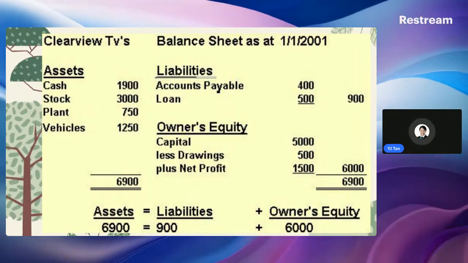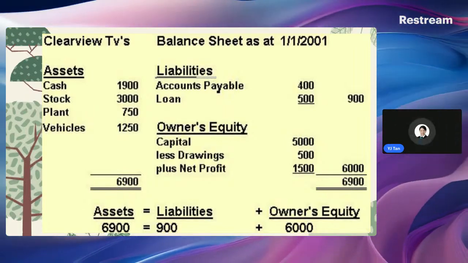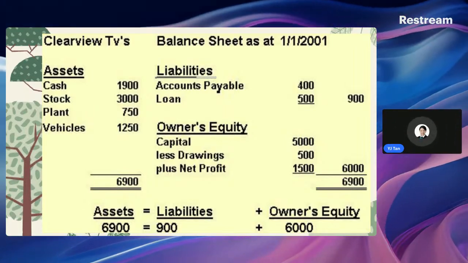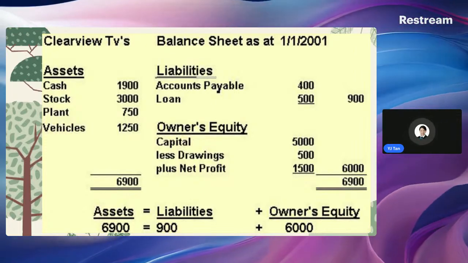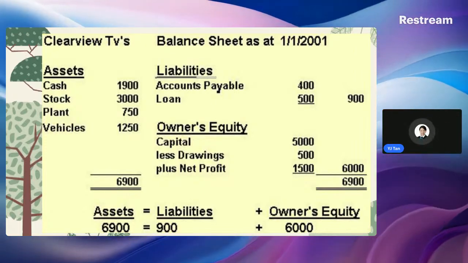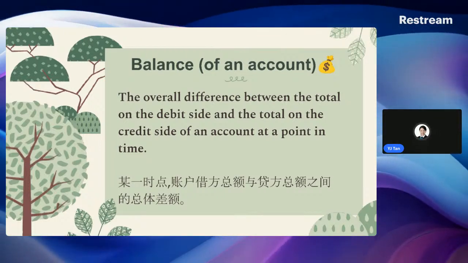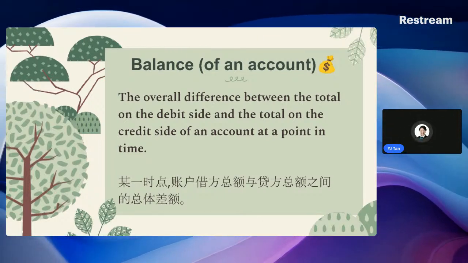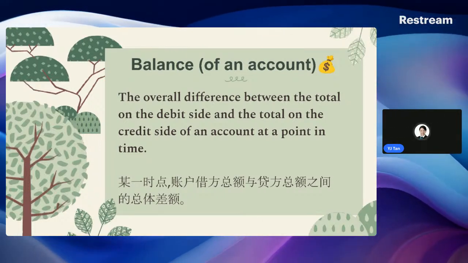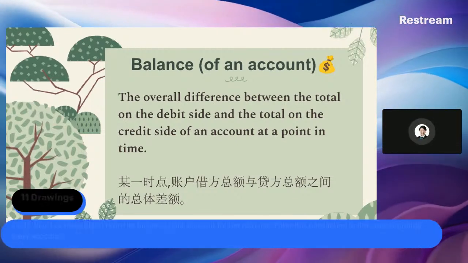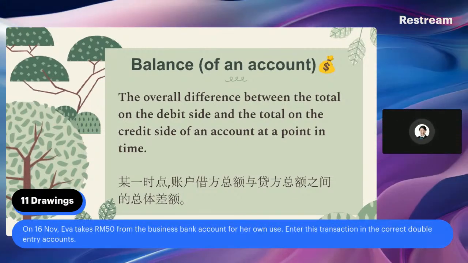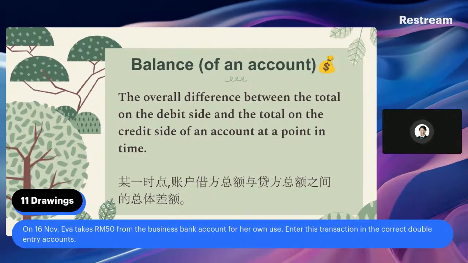Ignore the profit, which I haven't covered yet. So the current equity is 5,000 minus 500. This is what it means when you are doing the drawing.